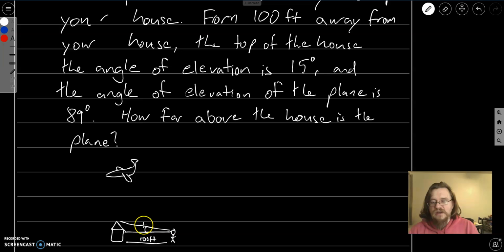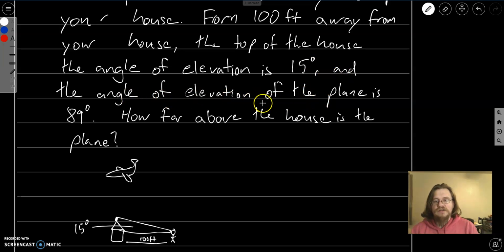So this angle right here is going to be 15 degrees. I'm going to draw this slightly better. So the angle of elevation to the top of the house is going to be 15 degrees.